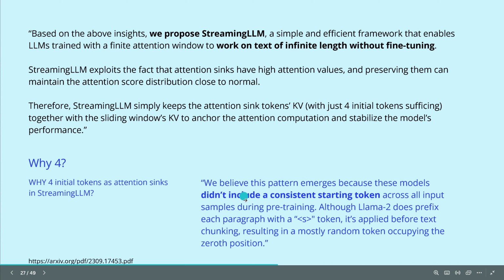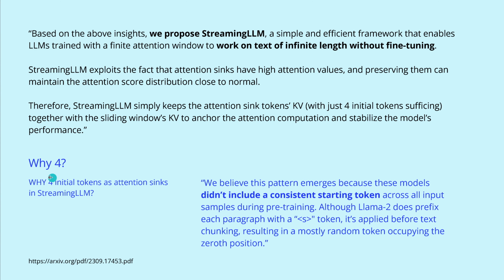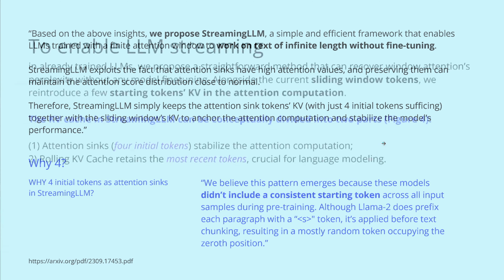And they say, okay, this is the reason why we have 4 initial start tokens: given that our pre-training was not consistent, with those 4 we cover the main set of possible start tokens. Interesting to see the effect of a non-optimal pre-training of Llama breaking through, and now we have 4 initial start tokens as CLS tokens or attention sinks. So now you know why we have 4 tokens.